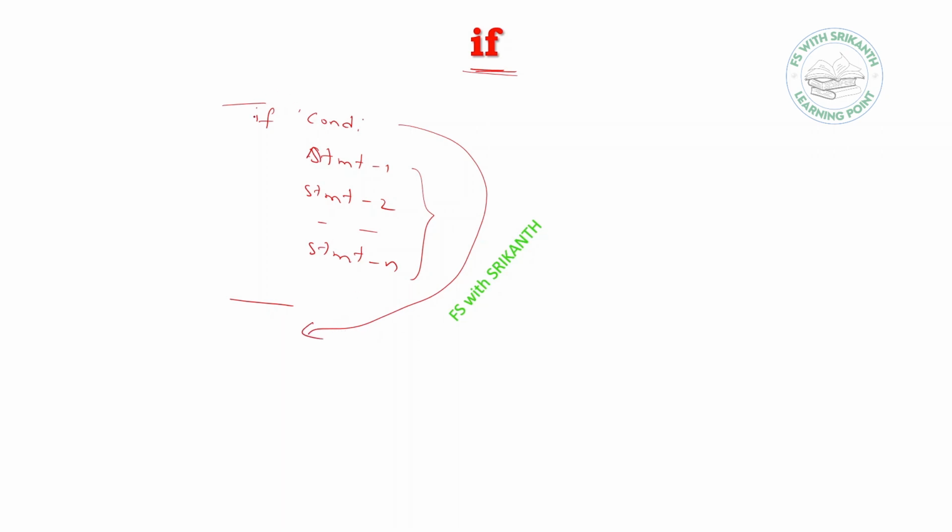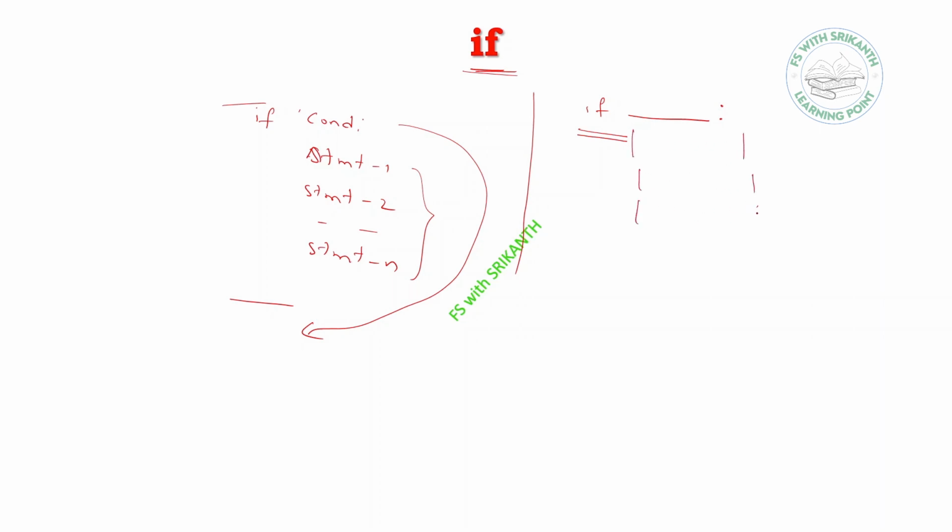Here the indentation of this control statement is somewhat different when we compare it to other programs. The if is a keyword followed by your condition. After your condition, you put a colon. Then you leave some space here, an indentation space, and you write your statements, n number of statements.